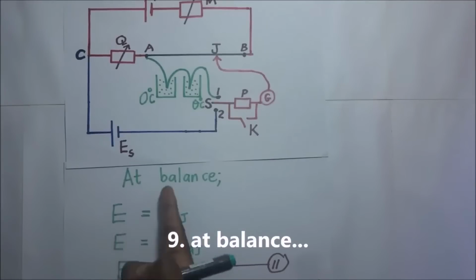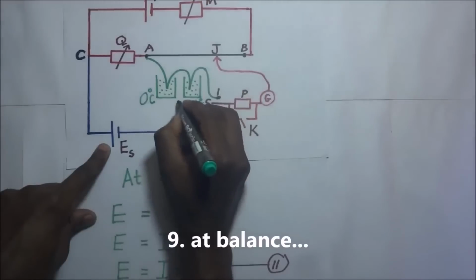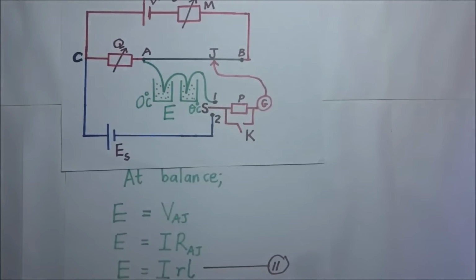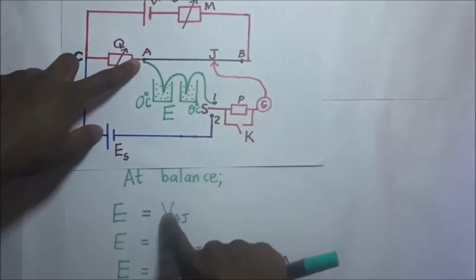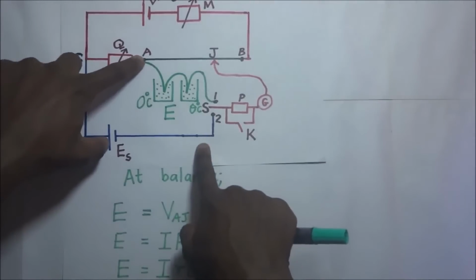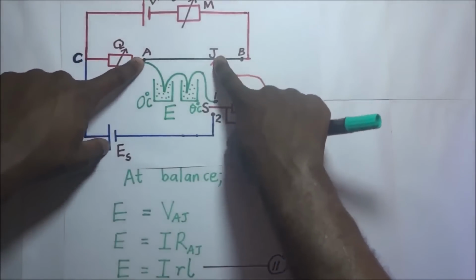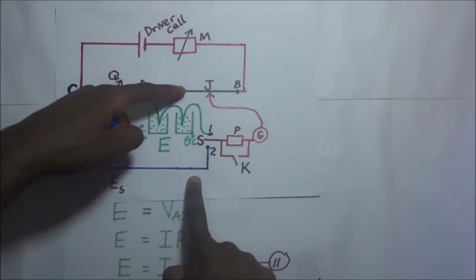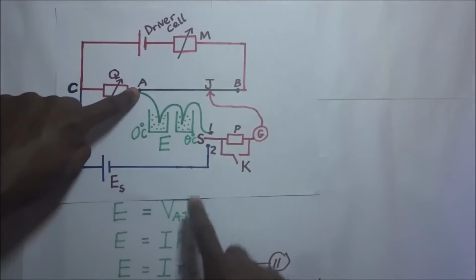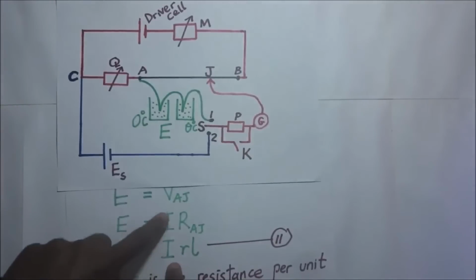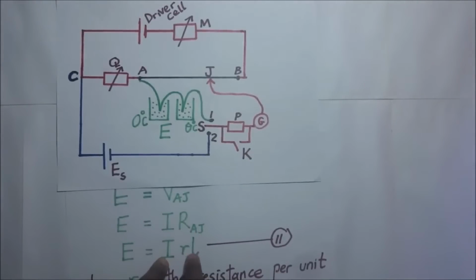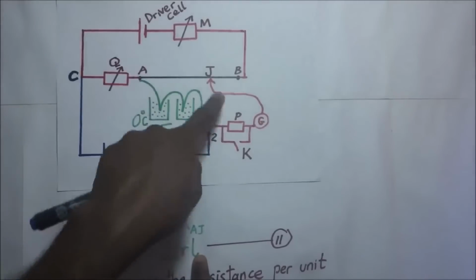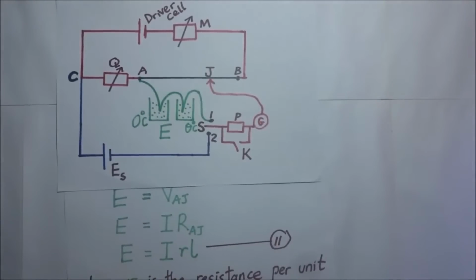We say that at balance, E, the EMF across the thermocouple, which is the thermometric EMF we are looking for, is equal to the potential difference across the balance point AJ, across A and that portion J. And we know that this EMF, E, is equal to the current going through that portion times the resistance between A and J. That is equal to the current times the resistance per centimeter times the balance length we got, which is L. And there we get our second equation.